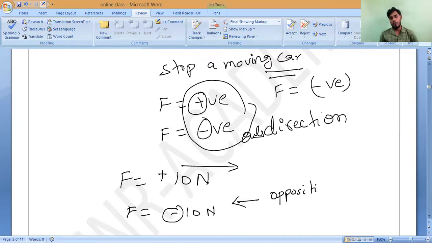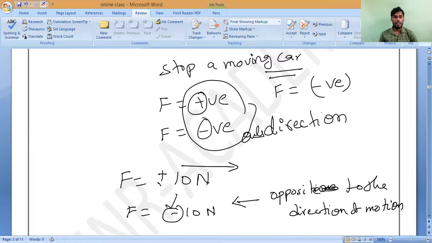Do you understand all of you? Yes, sir. So always in sign convention, remember that positive or negative indicates only the direction of force, not the amount of force.